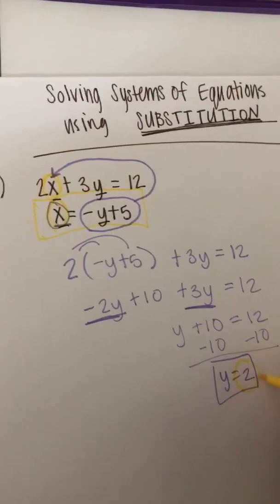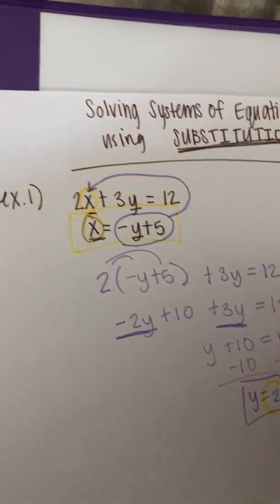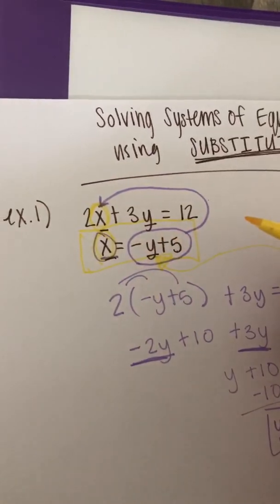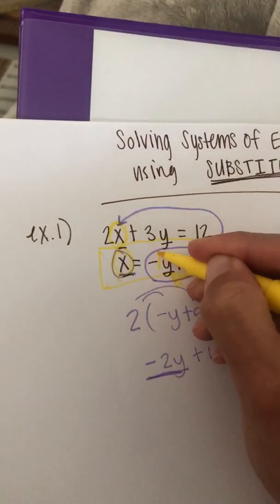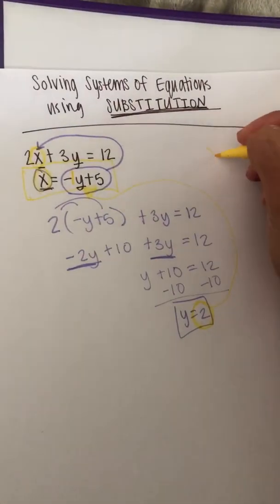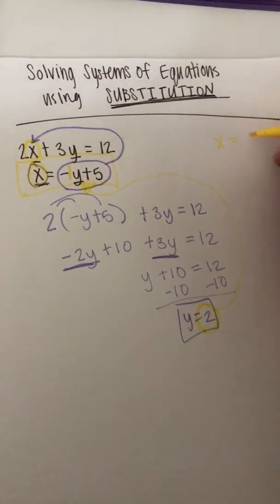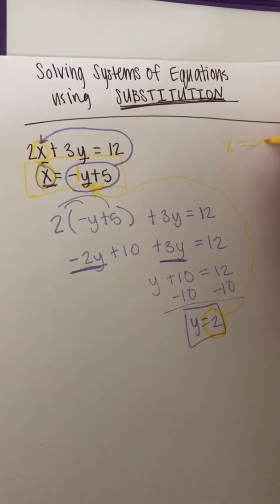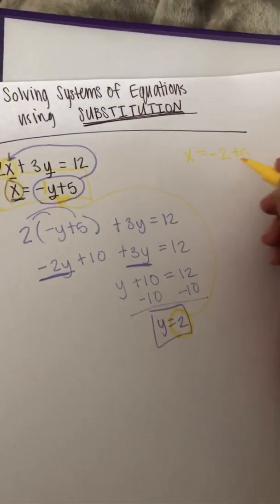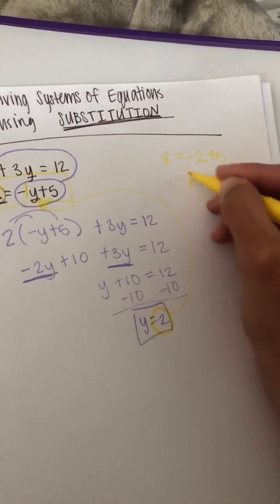So I'm going to take this Y, and I'm going to totally replace it right here. Do not forget your negative sign. If you need to put a negative 1 with it so that you don't lose it, go for it. And so now we have X equals negative 2 plus 5.